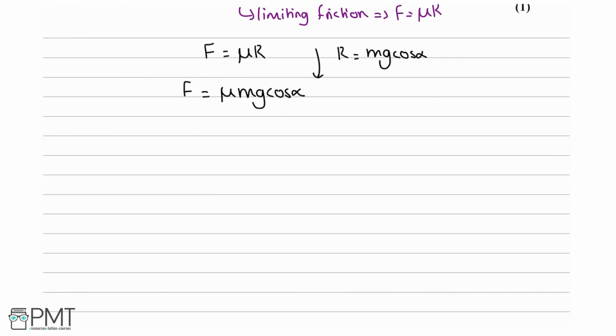We will then say that mg is our weight. So this becomes weight times mu cosine alpha, where mg equals our weight, and I'm just going to write it out here like this.